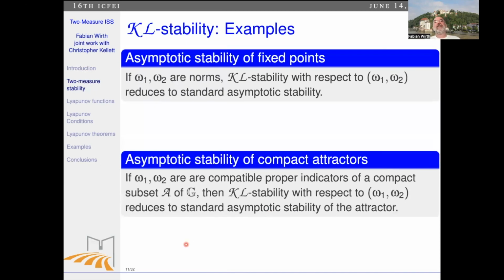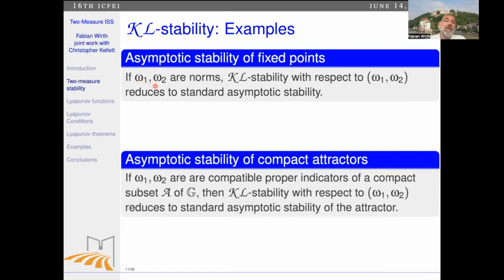Right, so examples. First of all, we have some stability concepts that we know, and let's see how we can express them as two-measure stability. Well, the first thing I already mentioned.